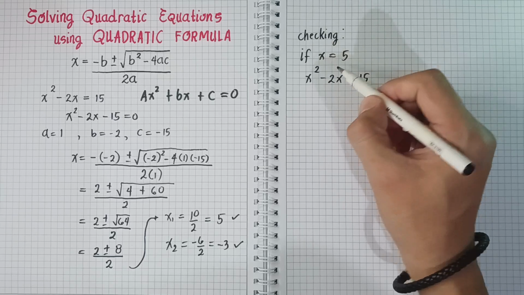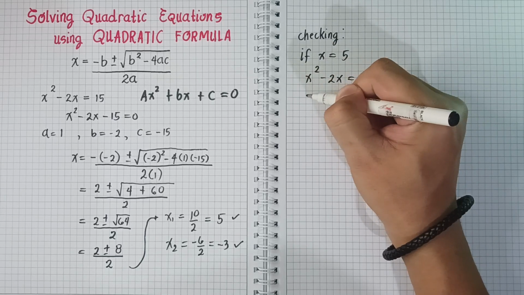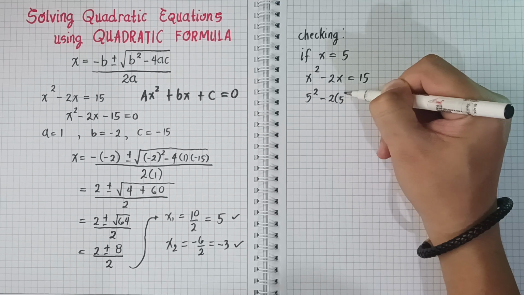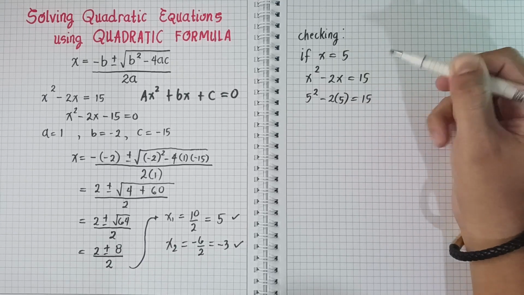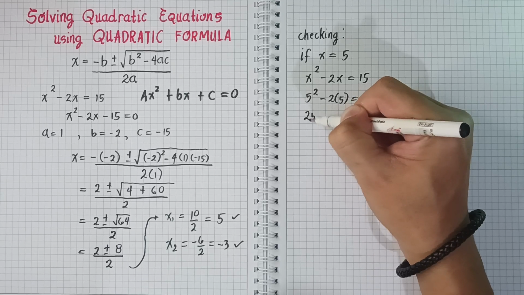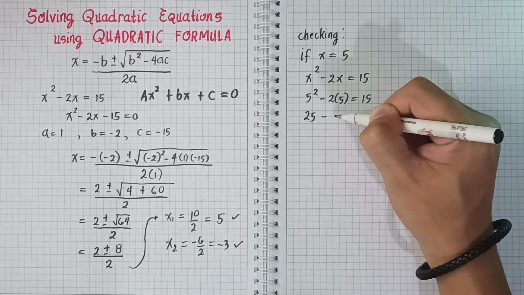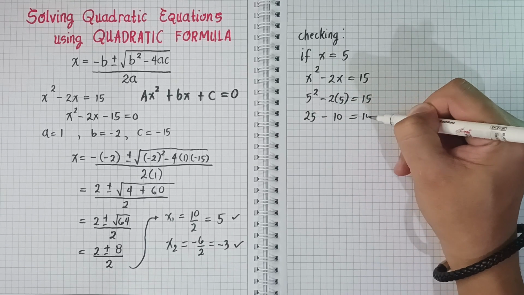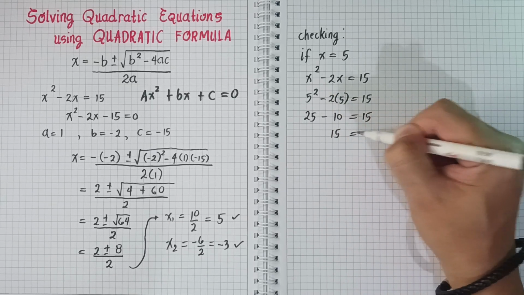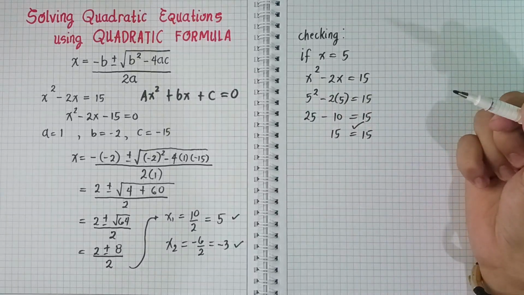Okay, so your x here is 5, so 5 squared minus 2 times 5 equals 15. Okay, so 5 squared, that is equal to 25, minus 2 times 5 is 10 equals 15. So 25 minus 10, that is equal to 15. 15 equals 15. Check. Okay?